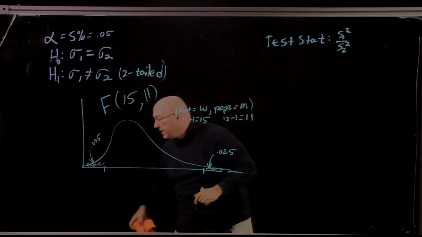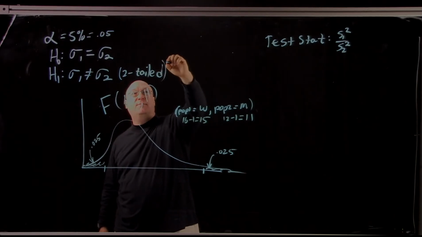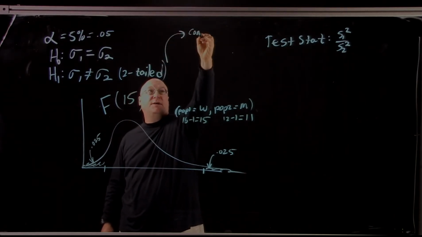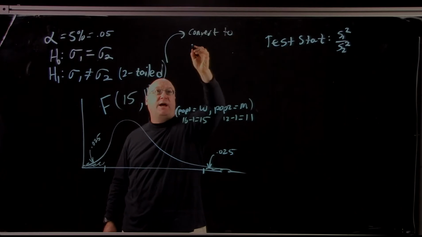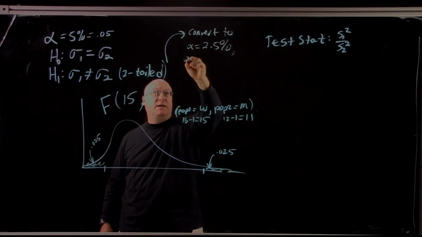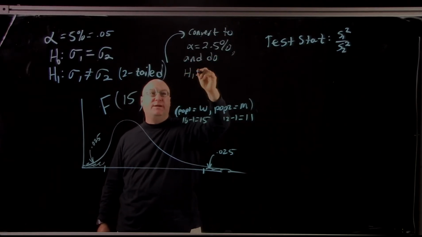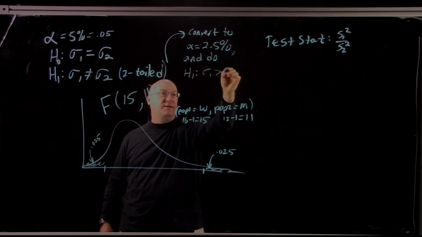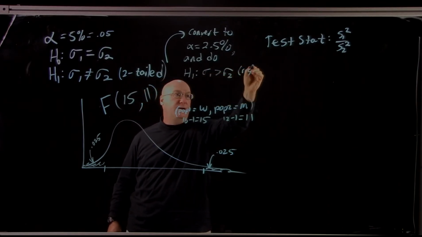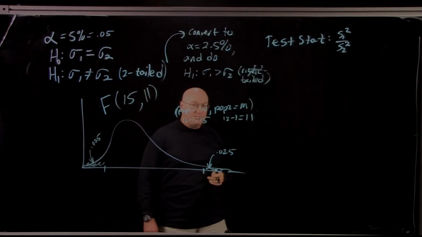That way, all I really have to do is convert, you might say, to alpha equal half of what we were doing, 2.5%, and do H1 being sigma 1 greater than sigma 2. So now it's right-tailed. Right, so that's just a little trick we do.